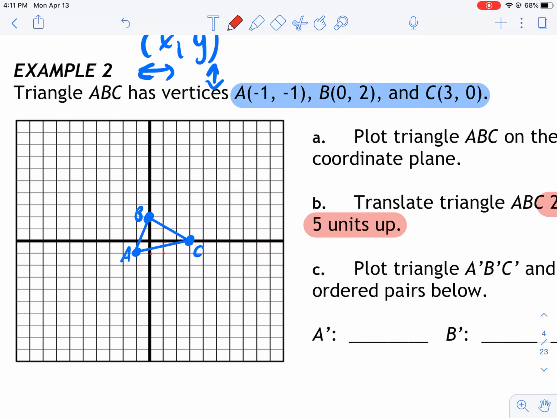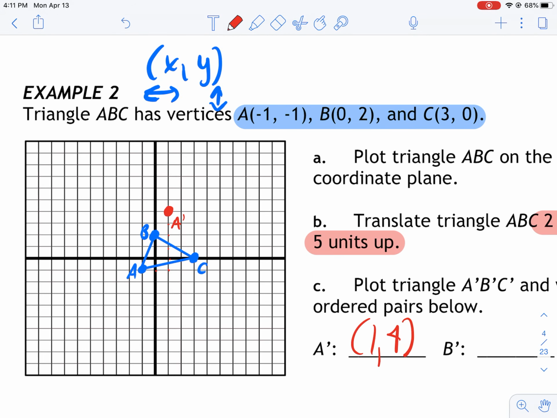So 2 units right, 1, 2, and then 5 up. 1, 2, 3, 4, 5. It's just right there, I believe. So we're going to call that point A prime. What are the coordinates of A prime? Well, it's 1, 4. 1 to the right and 4 up. So we have 1 point down and 2 more to go.